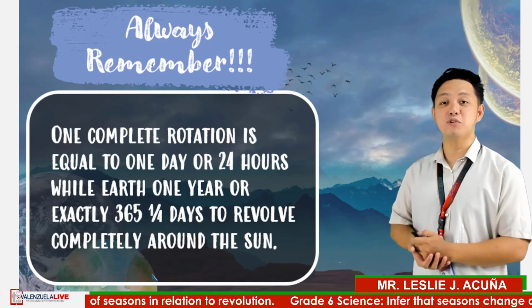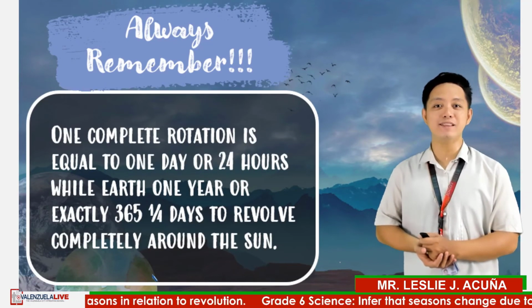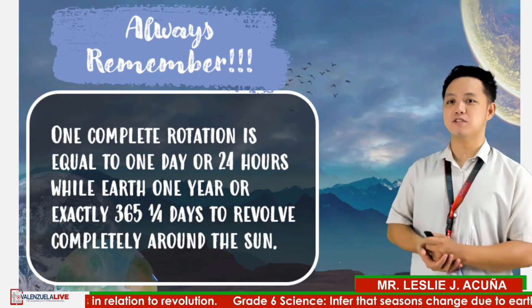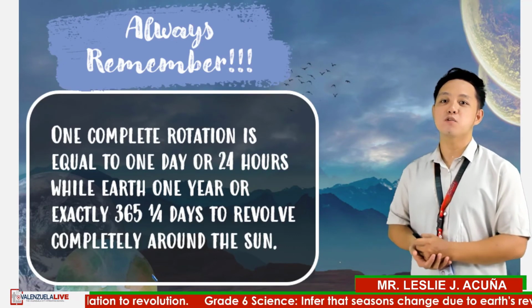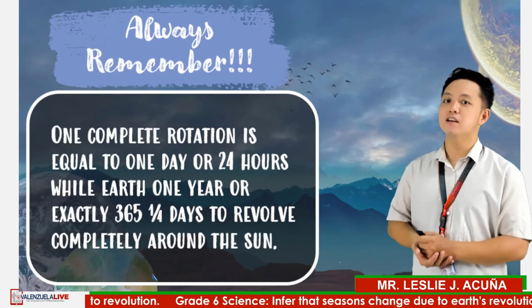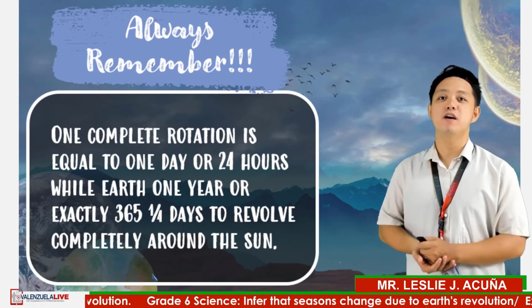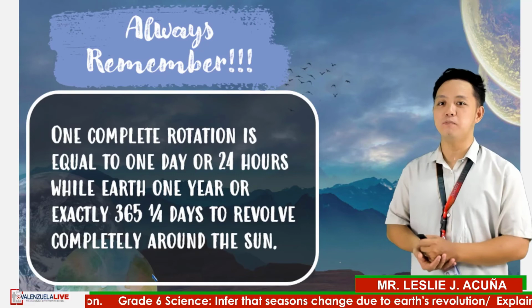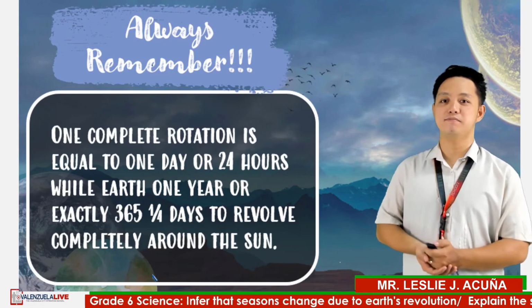One complete rotation is equal to 1 day or 24 hours, while Earth takes 1 year, or exactly 365 and 1/4 days, to revolve completely around the Sun.